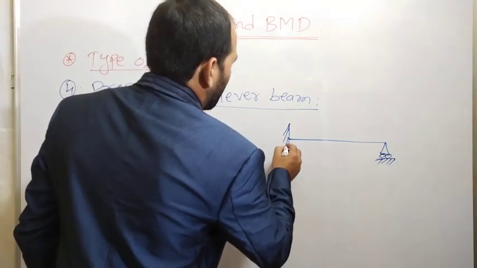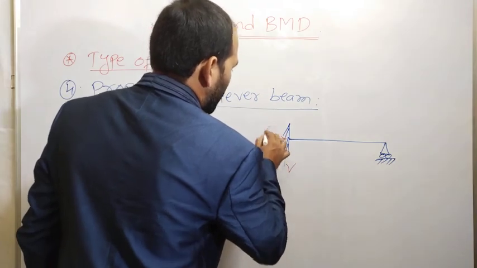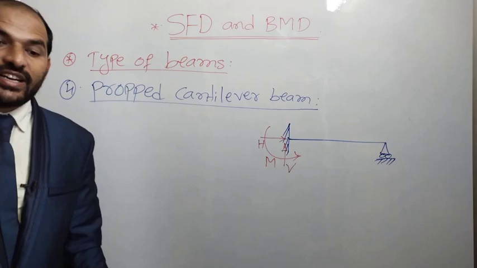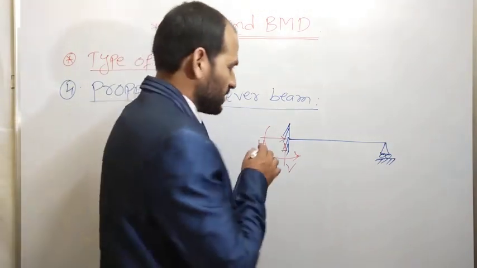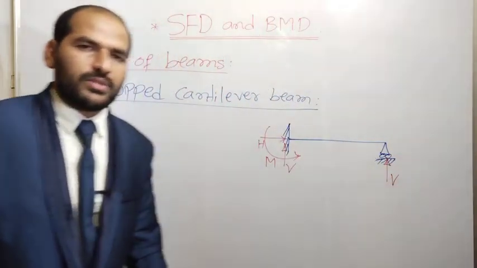On this side there is a vertical reaction, one more is a horizontal reaction, and one more is a moment. Vertical reaction, horizontal reaction, and a moment are developed. That means 3 reactions on this side, and on this side only one vertical reaction develops.